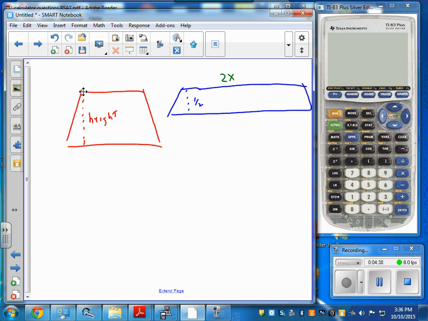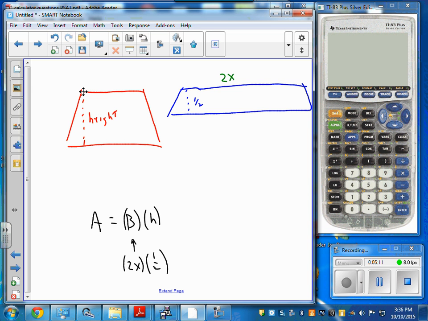Maybe if you just eyeball this, you could make a reasonable guess. You should know the area of a rectangle is base times height. If the base is 2 times as much, and the height is only 1/2 as much, then the area is going to stay the same. So these two have the same area. The answer is C. It doesn't matter whether it's a trapezoid or a rectangle, because you're stretching one way and collapsing the other, so the area stays the same.